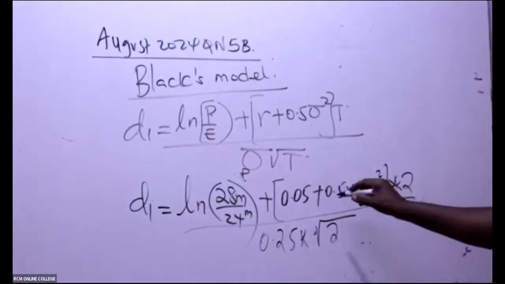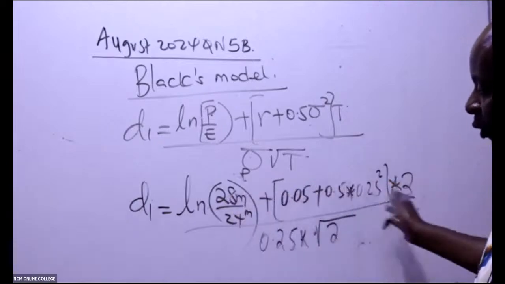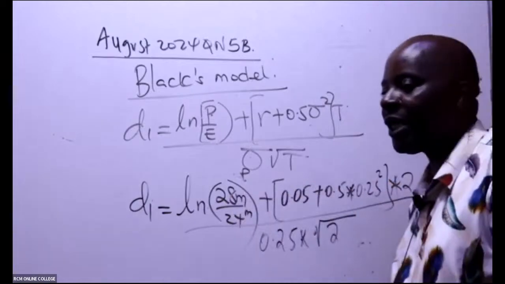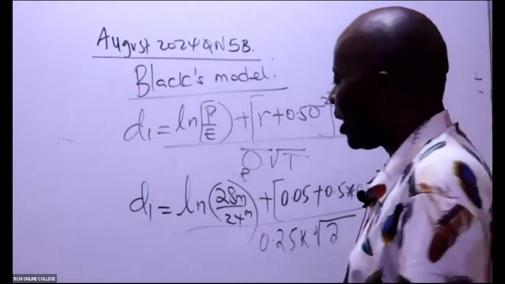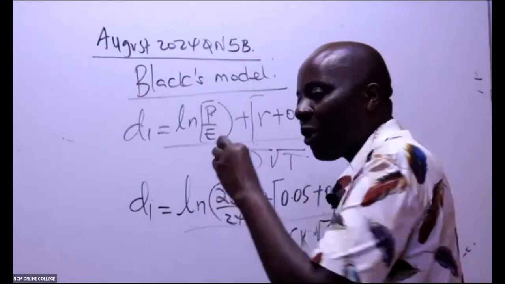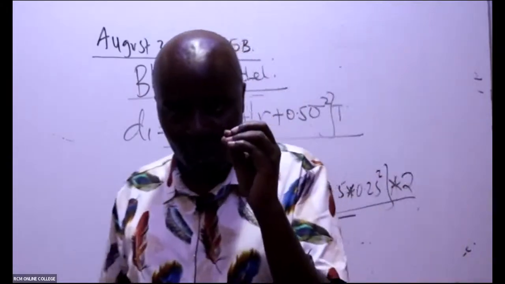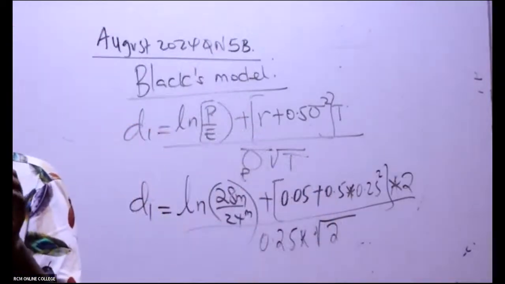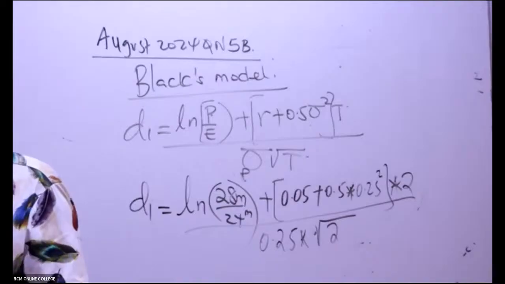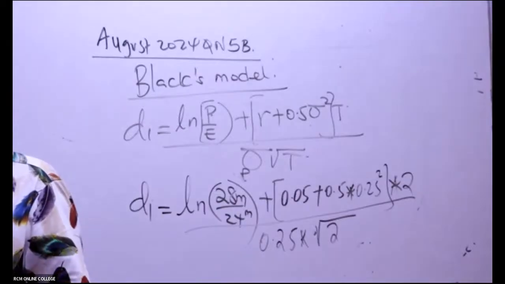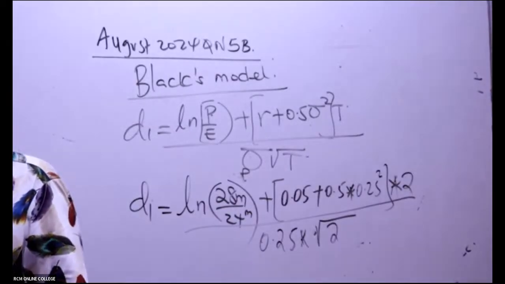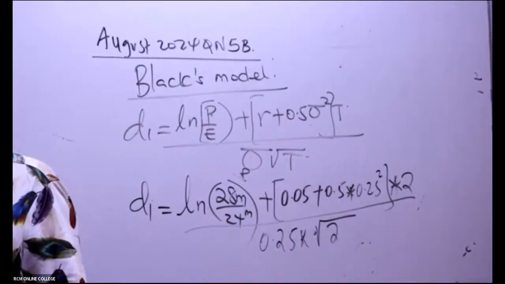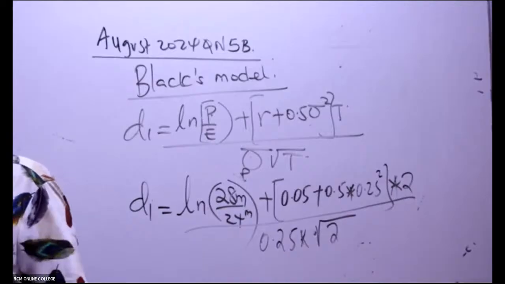So first of all, let's get what we have in the numerator. We shall use any calculator. You say ln. I hope you are able to see where ln is on your calculator. So you say ln, then open bracket, 28 million divided by 24 million, close bracket.